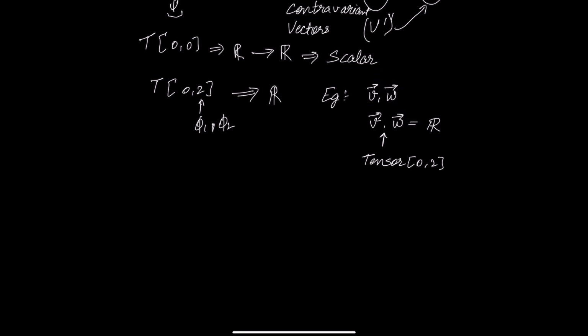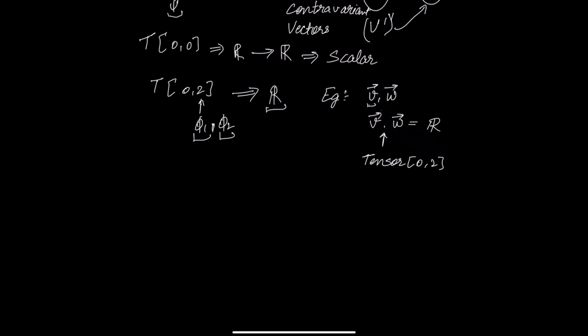Okay, so now I would ask you, what is a tensor of type 0, comma 2? It takes just two copies of vectors and maps it to real field. Now we have taken field to be real, that's why we are saying it is mapping it to real field. It could be any kind of field. Okay, so this was the example.